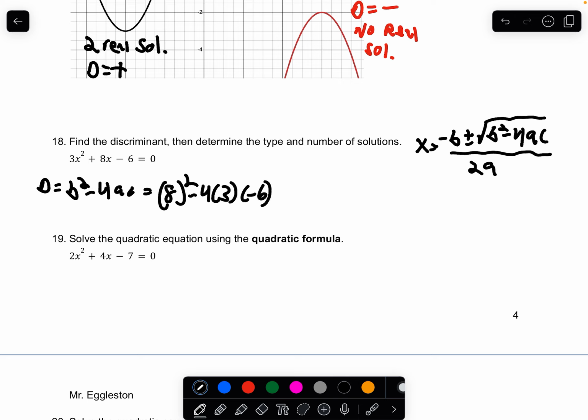Well, 8 squared is 64. 4 times 3 is 12. It's going to be plus, because two negatives. 12 times 6 is 72. And 64 plus 72 is 136. So since D equals a positive, there are two real solutions.